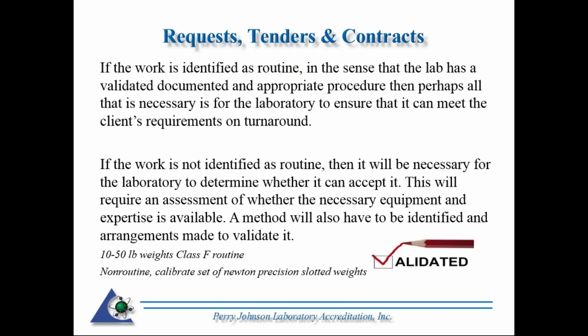I just put two examples there. This is for a mass calibration lab, for example, ten 50-pound weights, class F, maybe pretty routine, something that perhaps they get in every day, something that's well within their scope of accreditation. Something that may be non-routine for this particular calibration would be if a customer called and had a set of Newton precision slotted weights.